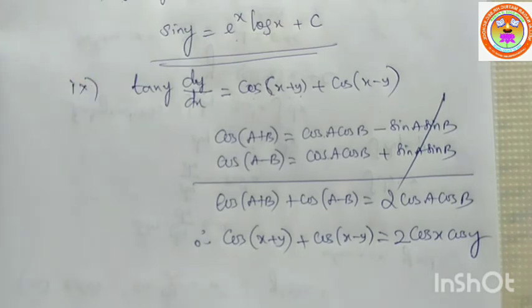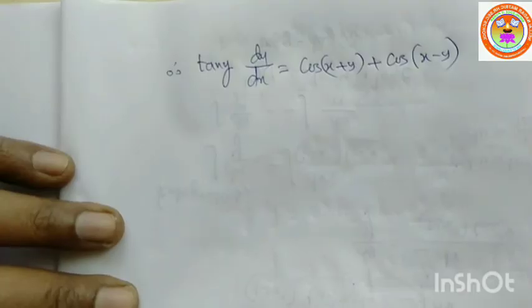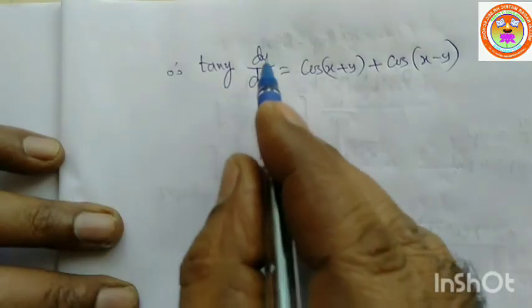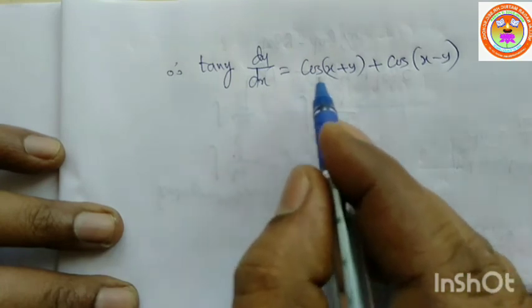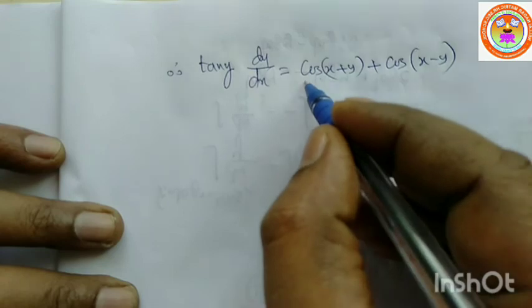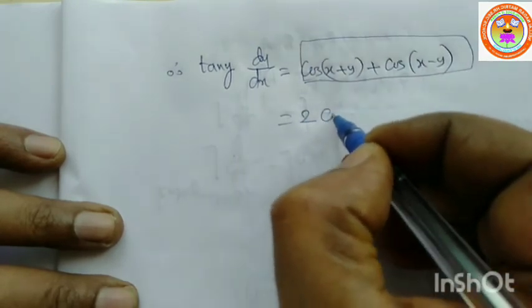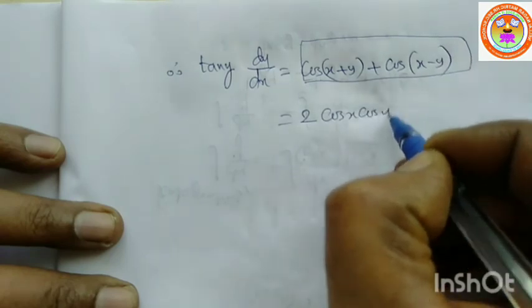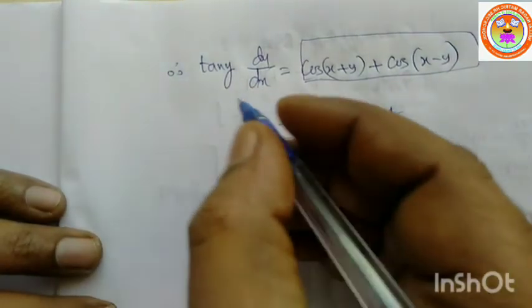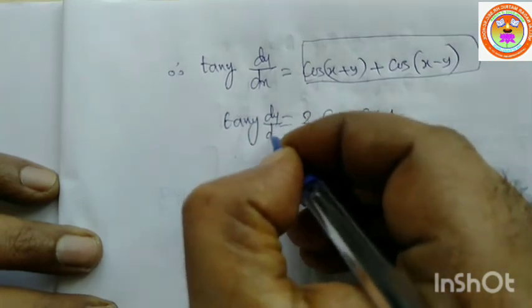Therefore, what's our question? Tan y into dy by dx equal to cos of x plus y plus cos of x minus y. So instead of writing these two terms, we can write 2 times cos x into cos y. The left hand side we have tan y into dy by dx.